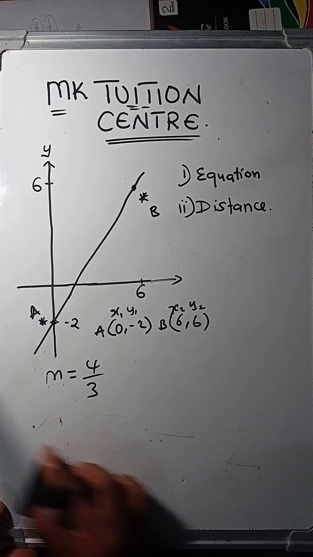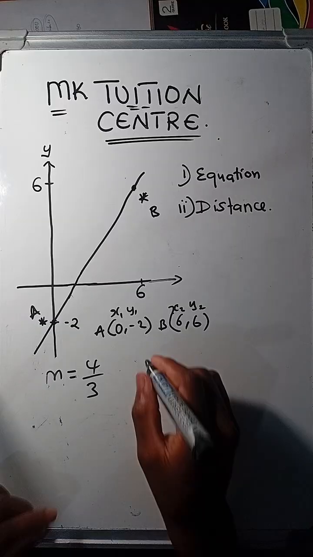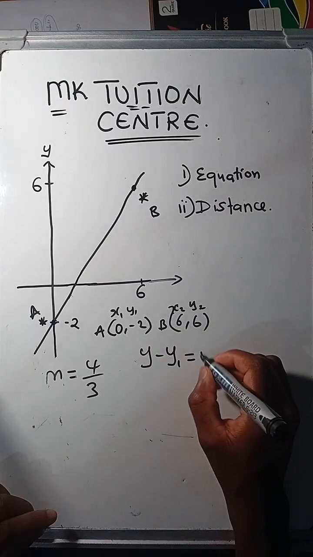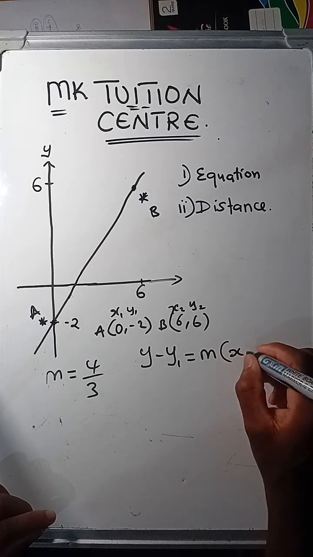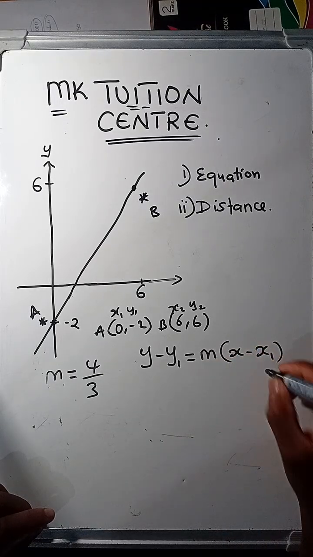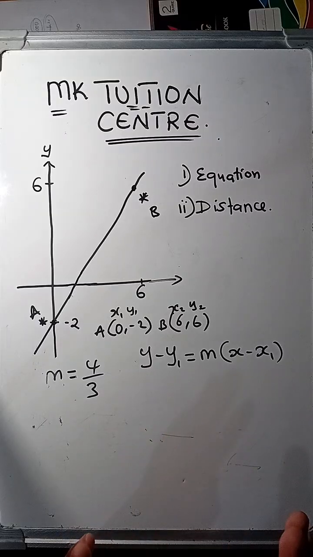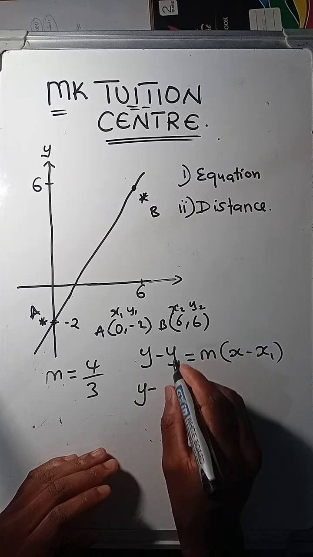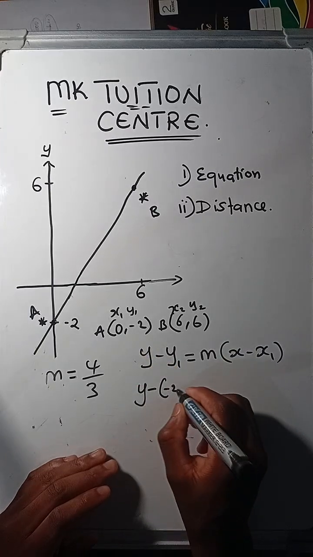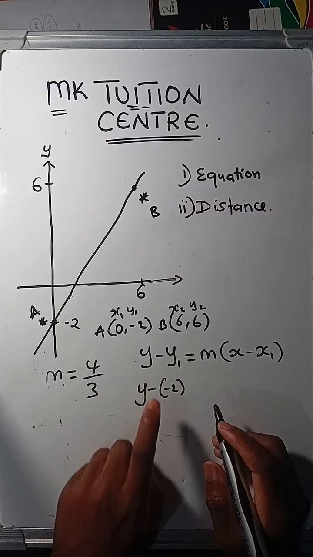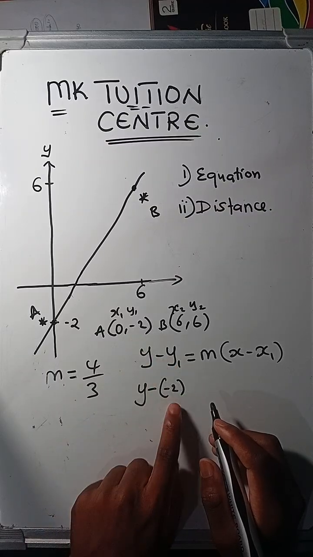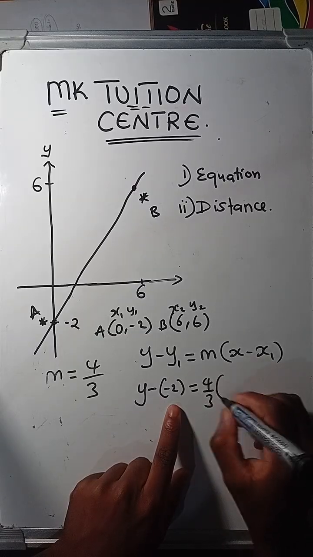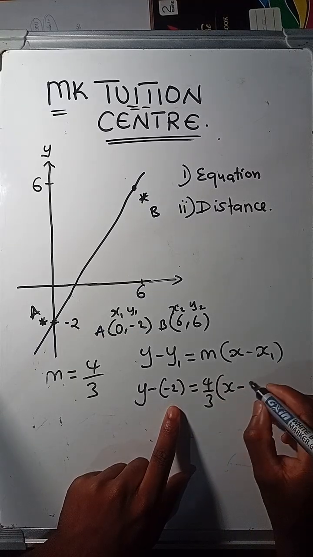Now, after having the gradient, we can use this formula: y minus y1 equals m times (x minus x1). This will guide us to find the equation. y1 in this case is negative 2. You have seen there's a negative for the formula, and also y1 has its own negative. m is 4 over 3, x minus x1 is x minus 0.